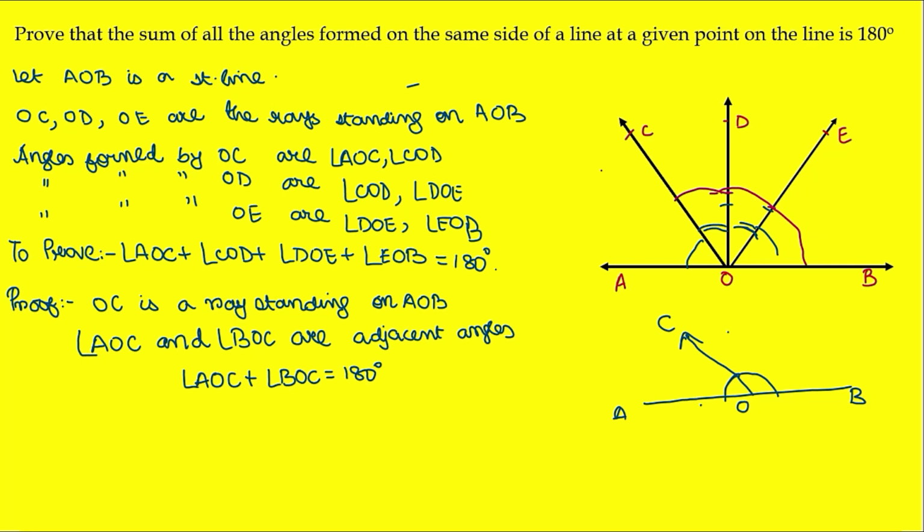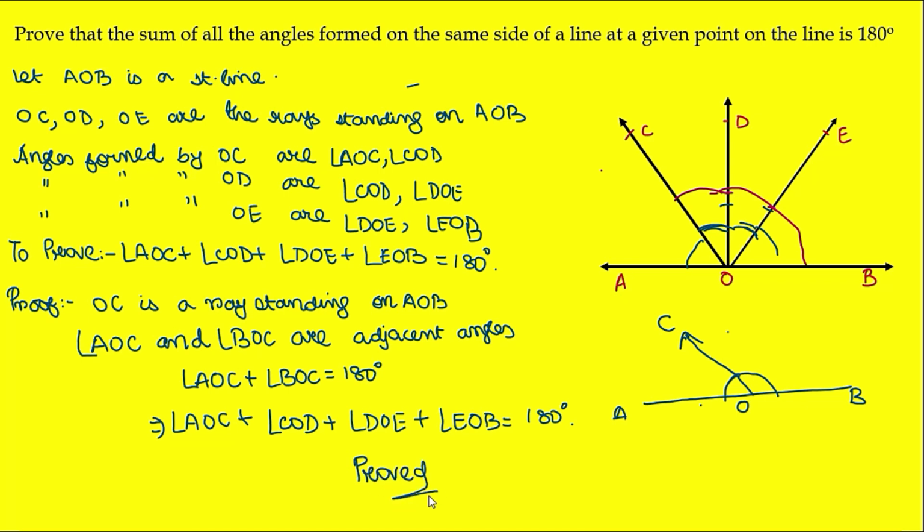So in place of angle BOC we can replace it with the sum of angle COD plus angle DOE plus angle EOB, which will be 180 degrees, and this is the thing that you were asked to prove. So you have already proved the statement.